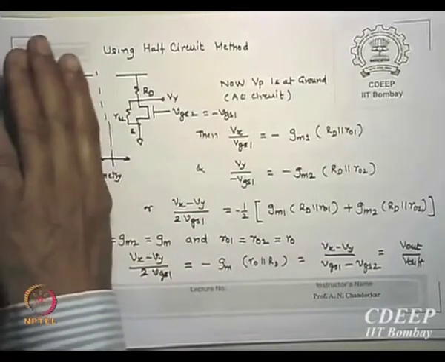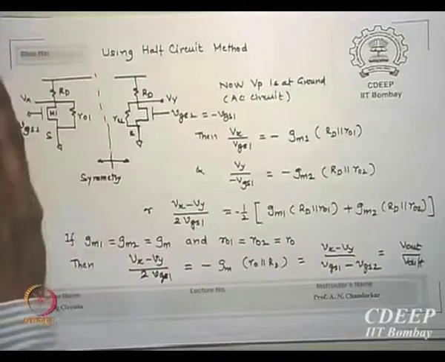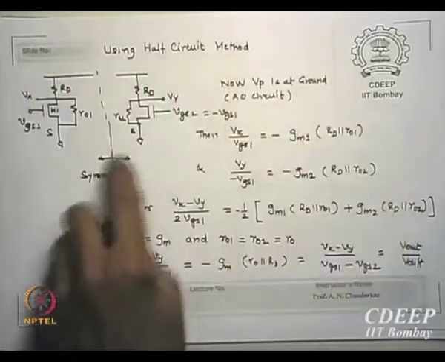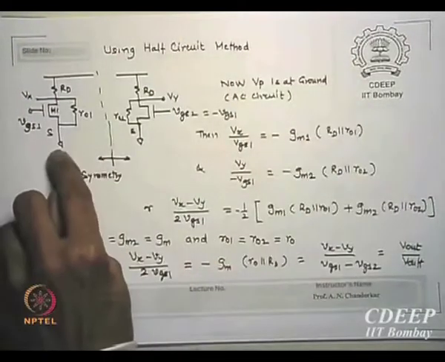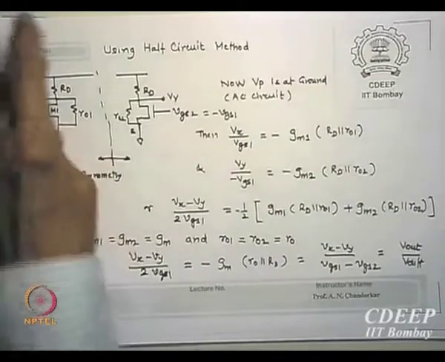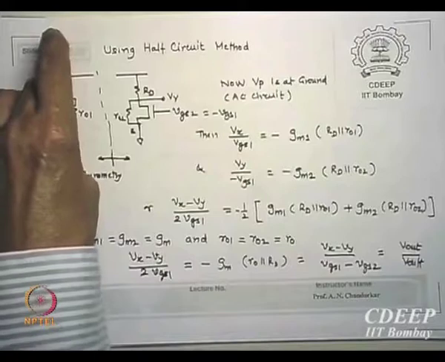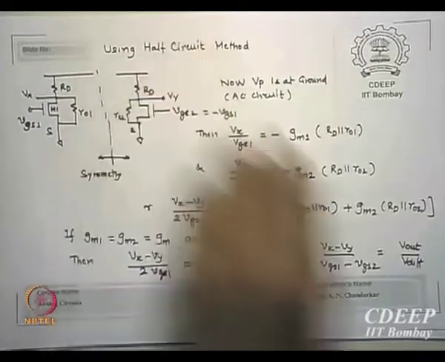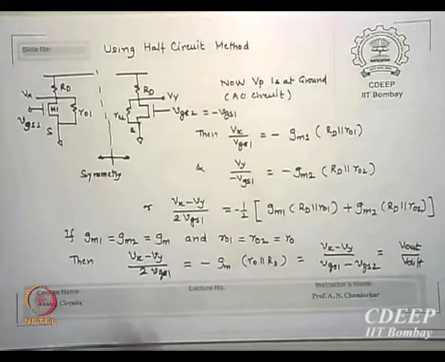I can say I have two independent circuits, one on this side, one on this side, and each source is as if grounded for AC. Then I can solve the gain for this, and if I get Vx and Vy for this, I can always get Vx minus Vy by Vgs. This is called half circuit analysis.